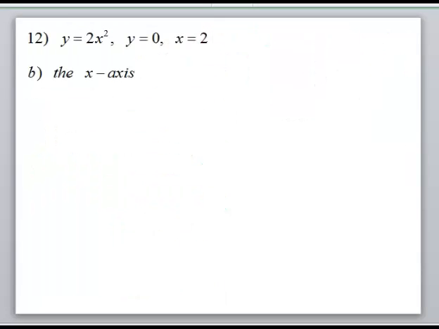Alright, this is the exact same problem that I just completed in the last video. The only difference is that now I'm revolving it around the x-axis. So what I'm going to do is create that same picture. So there's a point 2, 8, and 0, 0.